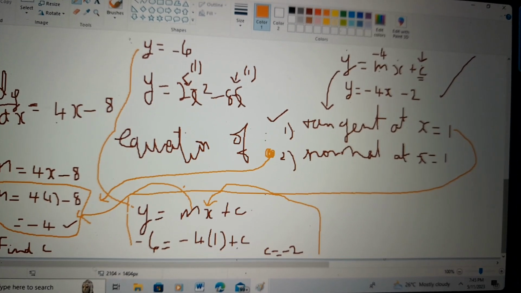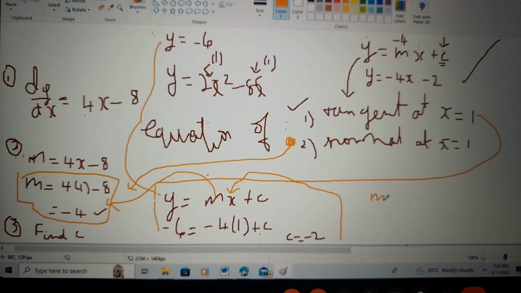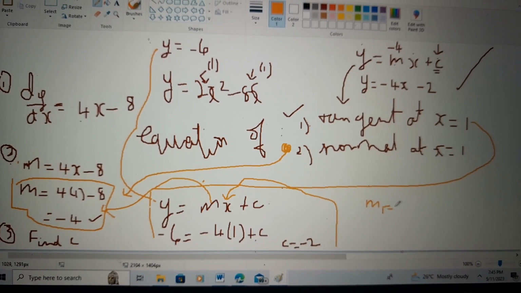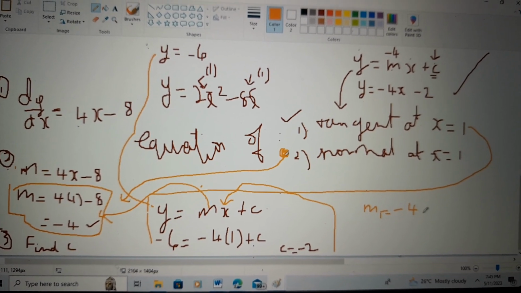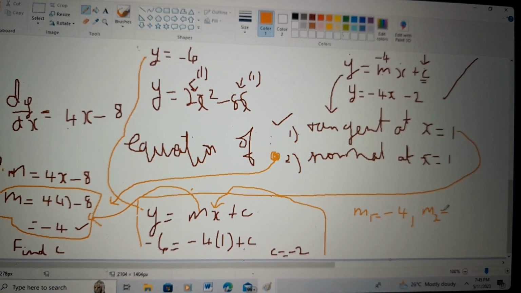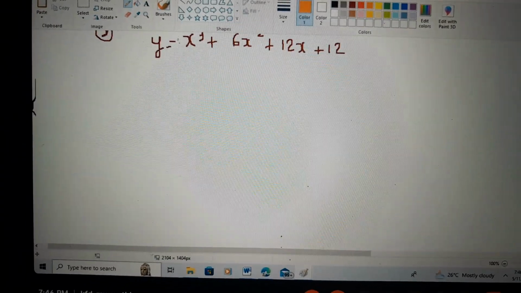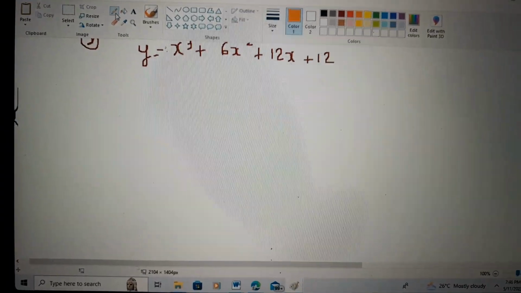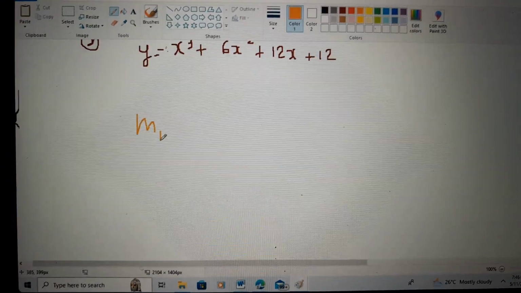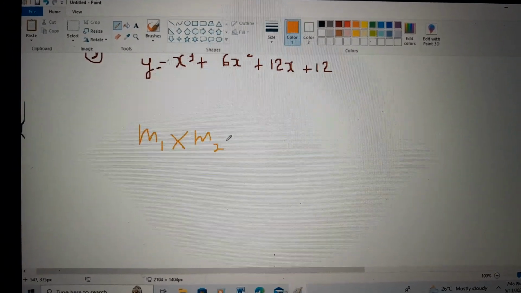So what that means is that if the tangent gradient M1 is -4, then the normal gradient, can anyone tell me what the gradient of the normal would be? You did this. Perpendicular lines, the product of their gradients is -1.